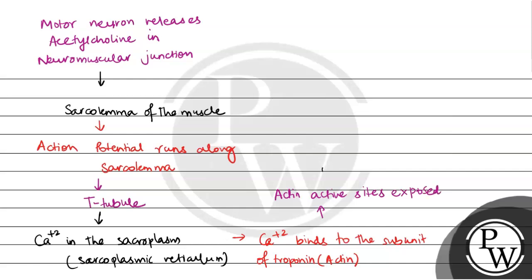Further, ATP is used for binding of the myosin head with the actin active sites.